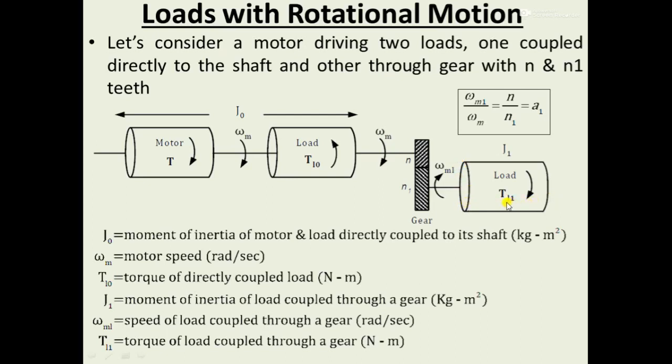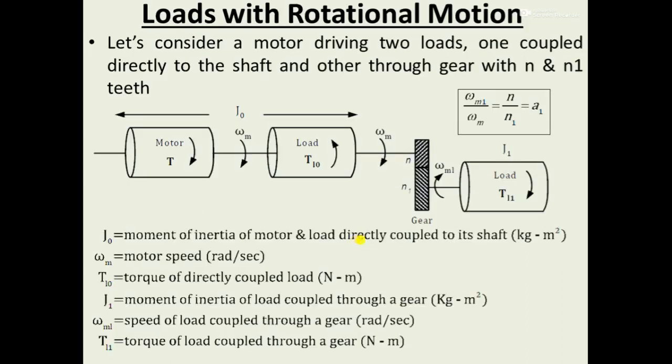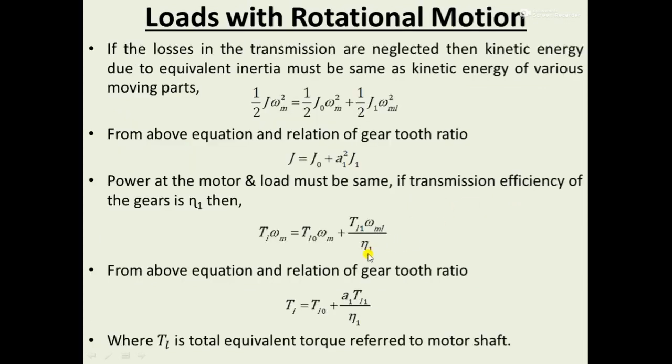TL1 into omega m1 will be giving the power output of this load. So the power input can be obtained by dividing this power output with the gear efficiency. The gear efficiency here is considered as nu 1. So we can obtain the relation for power received at this load as TL1 into omega m1 divided by efficiency, that is nu 1.